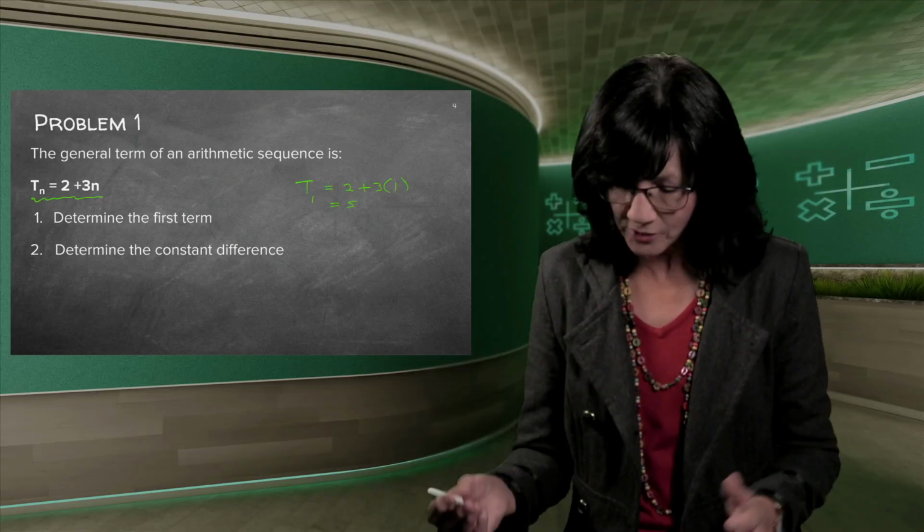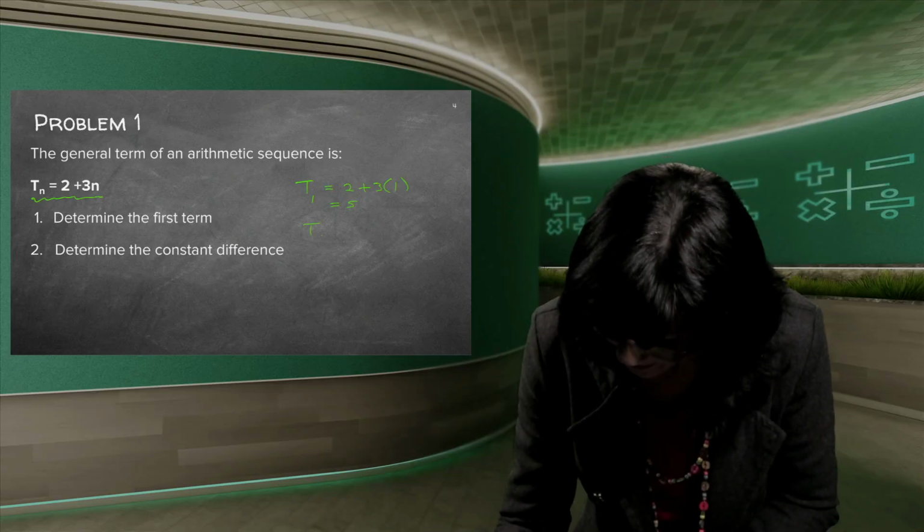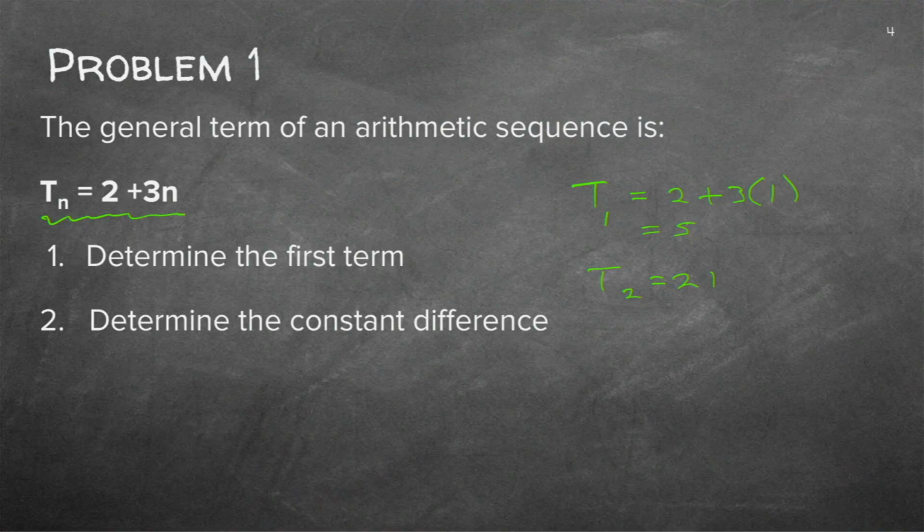So I need term 2 as well. So I'm just going to do exactly the same. I'm going to do term 2. So it's 2 plus 3 bracket, which I put a 2 in. 6 plus 2 is 8. Now, the minute I want d, I say right-hand side minus left-hand side. So that means term 2 minus term 1, which is 8 minus 5.